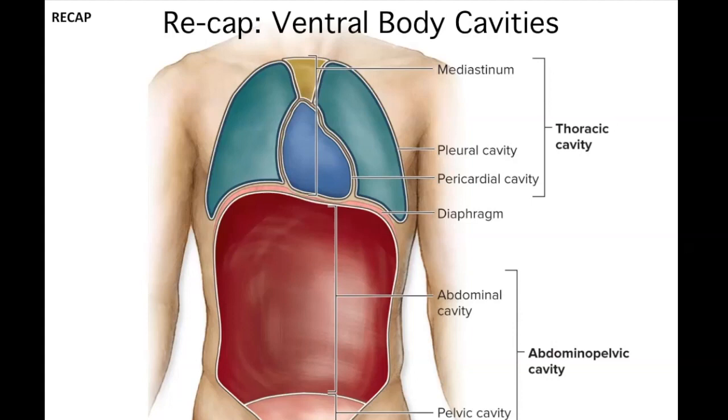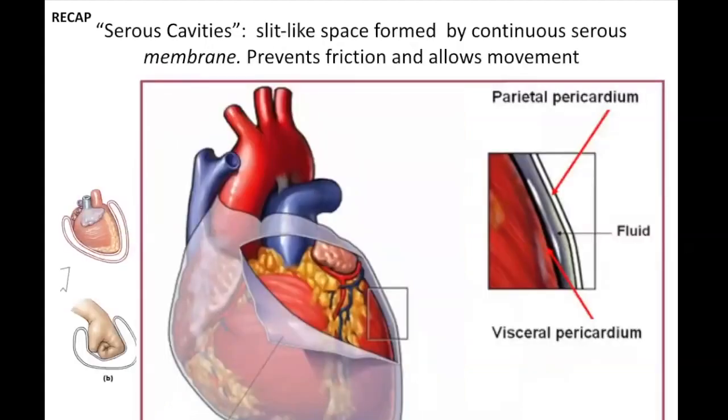So these are serous cavities formed by those serous membranes, and they create these fluid-filled spaces that's going to allow the organs like the heart to move around and not cause a lot of friction on the surrounding objects, right? So your lungs would be right here, and your heart's beating. It doesn't want to create a lot of friction in between them. So sitting in a little sack like this is going to allow the prevention of friction.